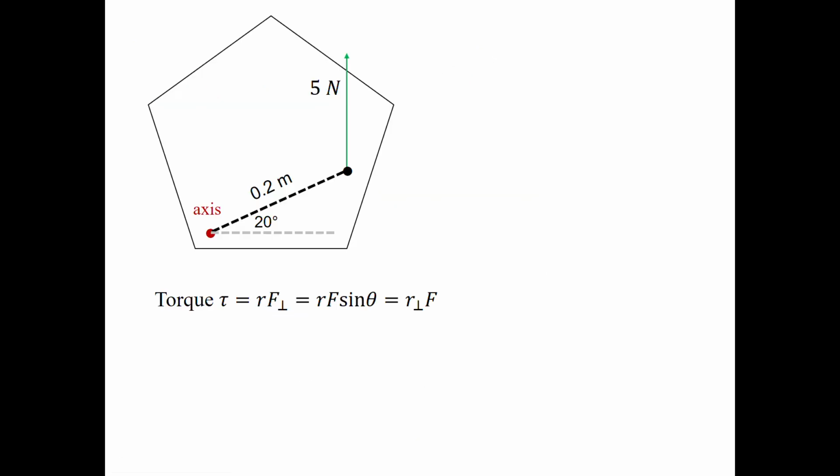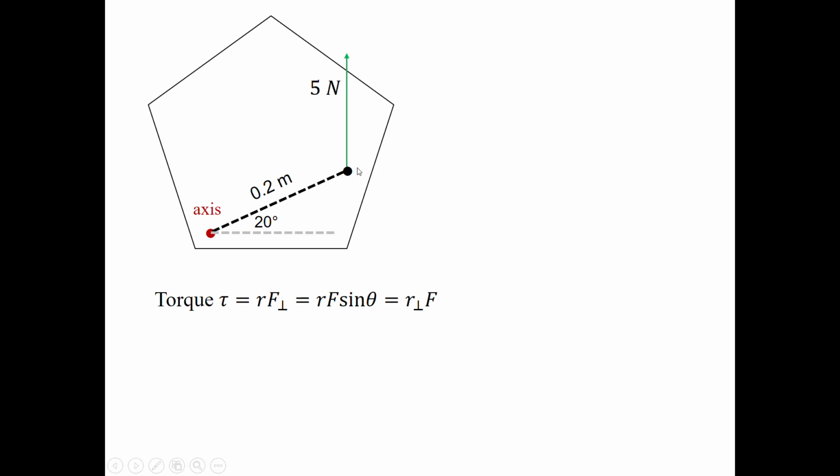Let's use that in an example, because the more you use it, the easier or more intuitive it will get. Here I've got a pentagon-shaped object. I just did that because it was easy to do in PowerPoint. And it's pivoted to rotate around a fixed axis, which is shown here in the lower left corner. And I am applying a force along the upward direction of the screen of magnitude 5 newtons.